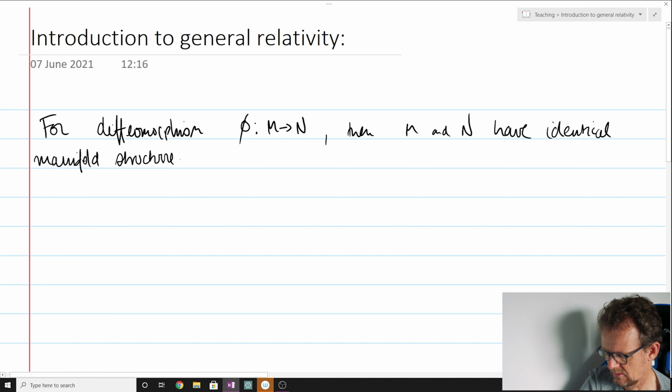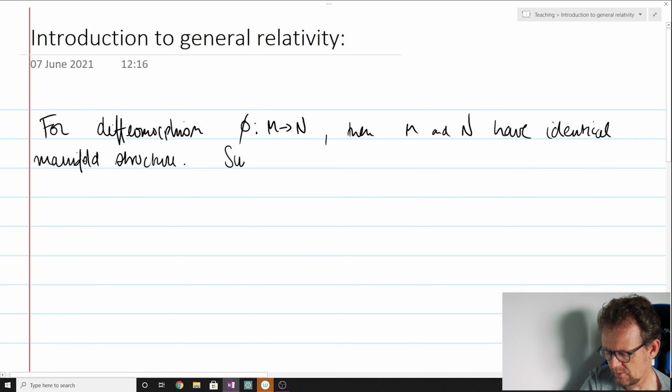In other words, diffeomorphisms are the morphisms in the category of smooth manifolds. And this means that the topologies induced on the manifolds M and N are equivalent, and also the smoothness structures and so on.